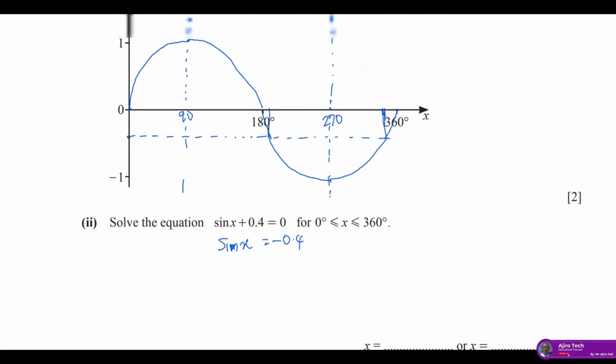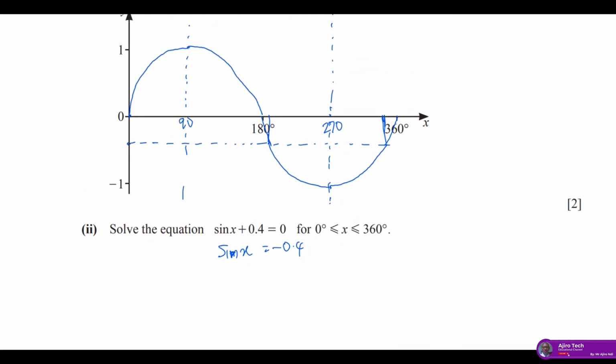Now I can see that the solution should be in the third and fourth quadrants. From here to here is the third quadrant, and here to here is the fourth quadrant, because this place here is the first quadrant and this one here is the second. Because it is negative, it will be in the third and fourth.